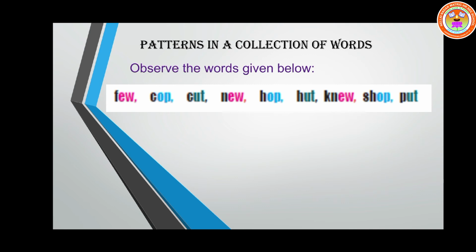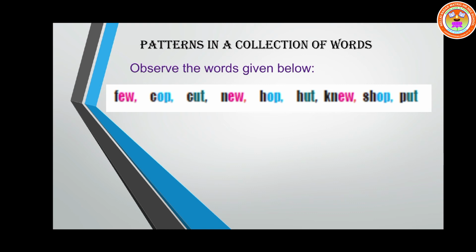Now, when you observe the words, the first three words are few, cop, cut. When you look at the last two letters, E-W, O-P, U-T, they repeat in a new set of words.